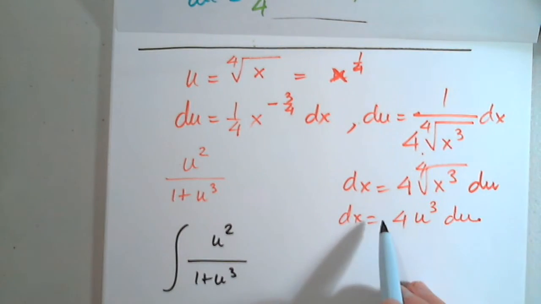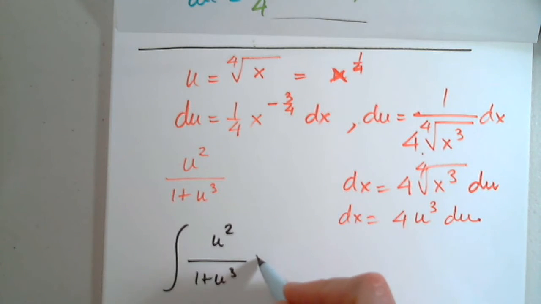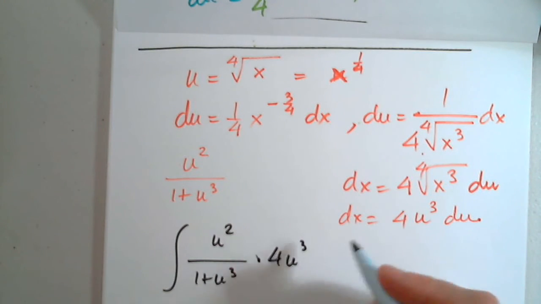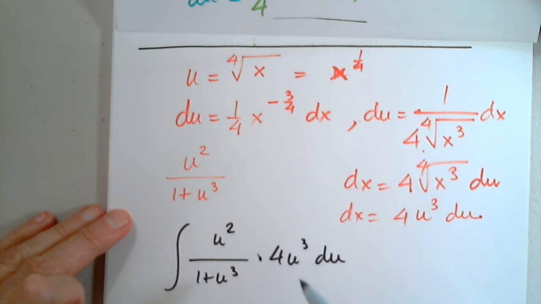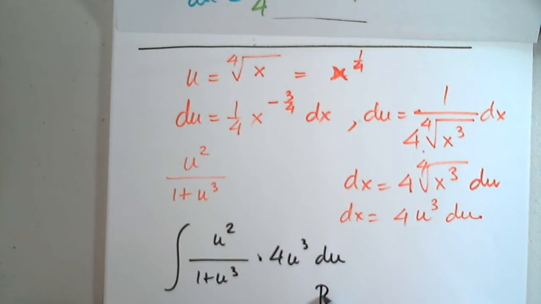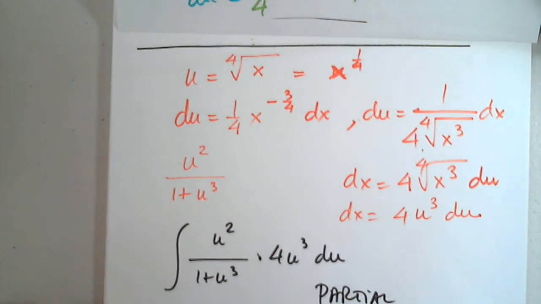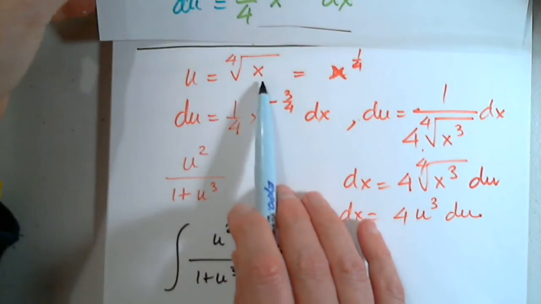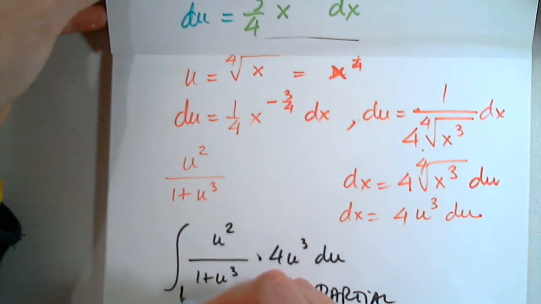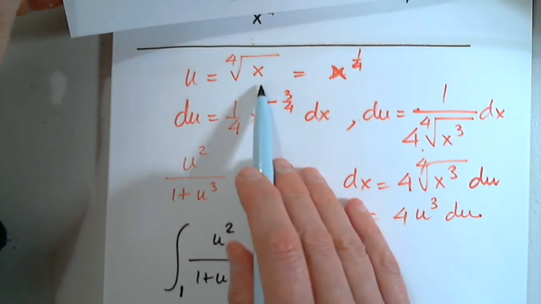But dx has to be solved, so this will be times 4u to the third du. And this problem uses partial fraction decomposition. I have to change the limits of integration from 1. The fourth root of 1 is 1, and the fourth root of 16 is 2.